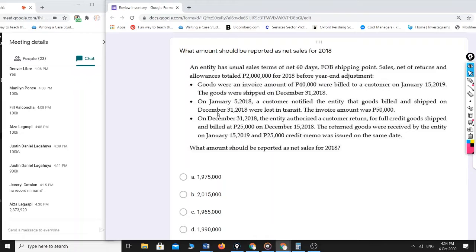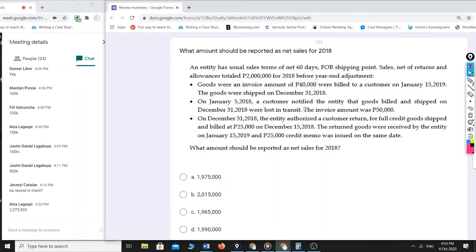Next, on January 5, 2018, a customer notified the entity that goods billed and shipped on December 31 were lost in transit. So, you assess, anang time, December 31, 2018, kinsa na may tag-iya atong merchandise or the goods. So, that time, ang tag-iya kay si customer na.